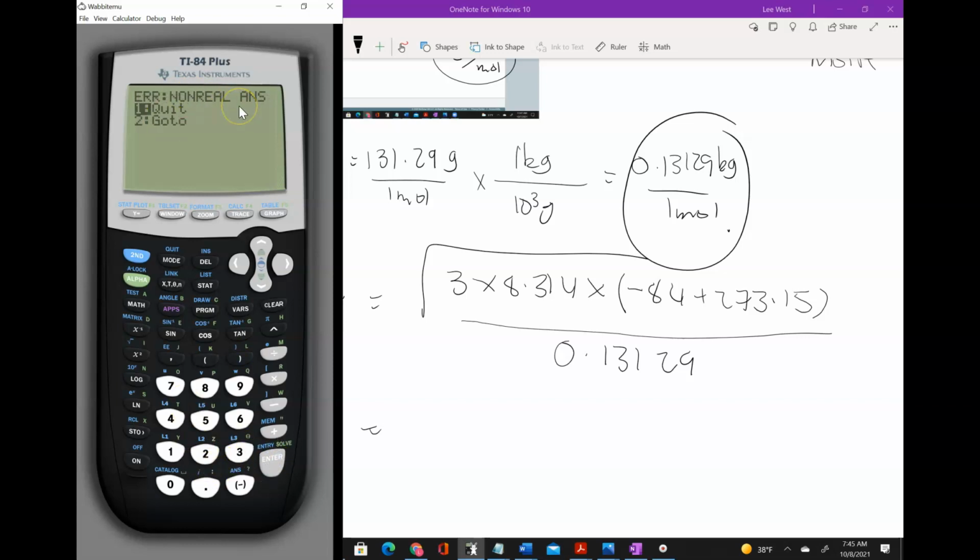I must have a minus sign somewhere in there. There it is. I know what it is. I've got these parentheses at the end that I don't need.